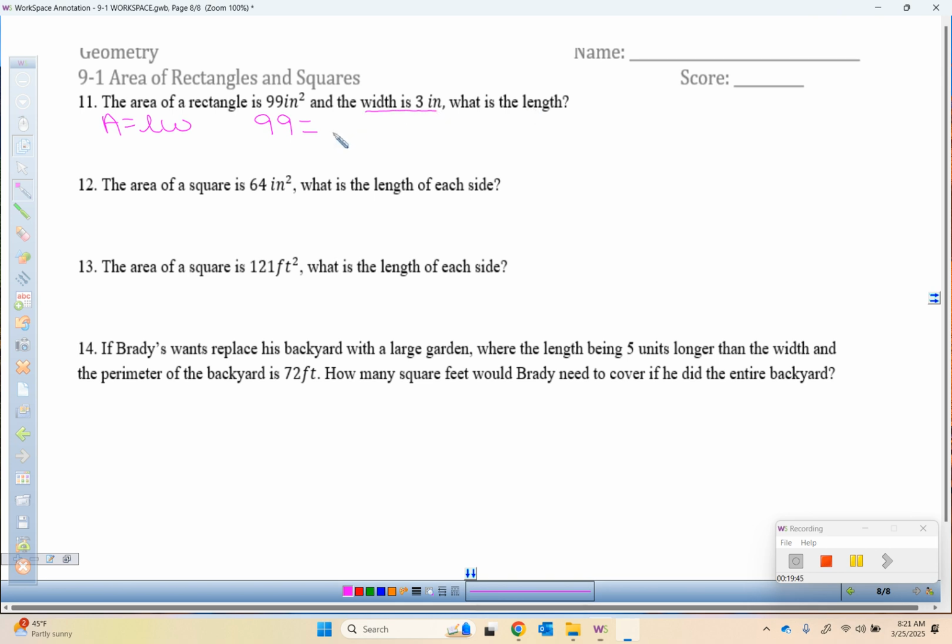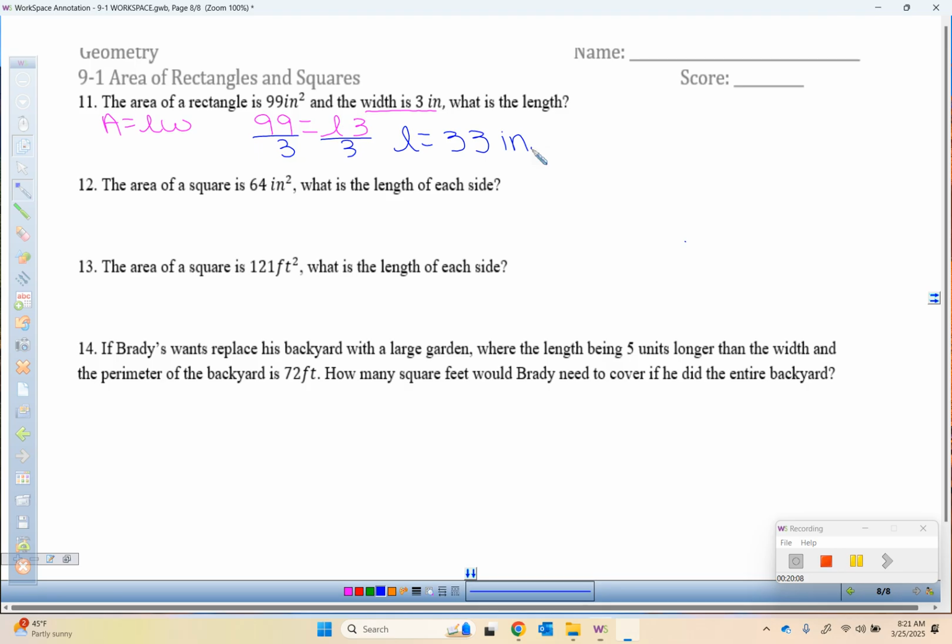So I don't know my L, but I do know my W is 3. Now how do I solve for L? Same way, right? So my L is 99 divided by 3, which is 33 inches.